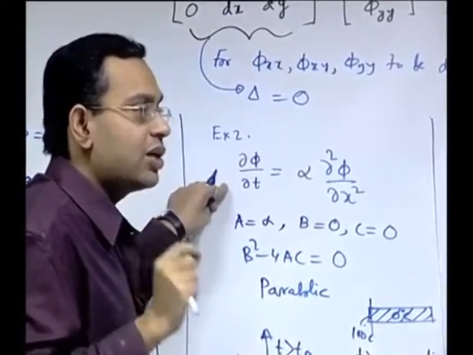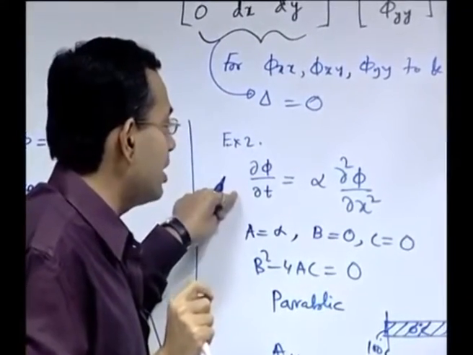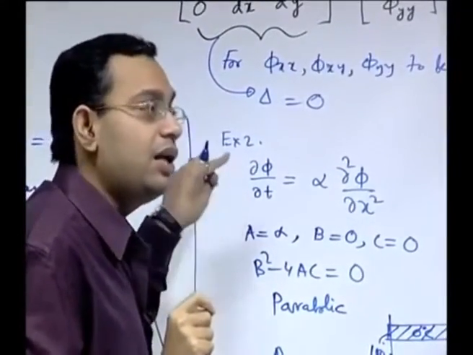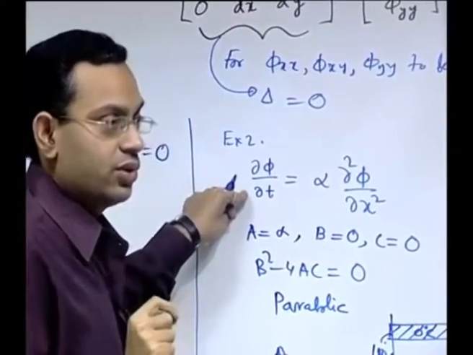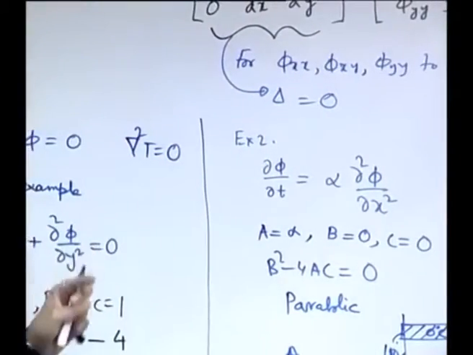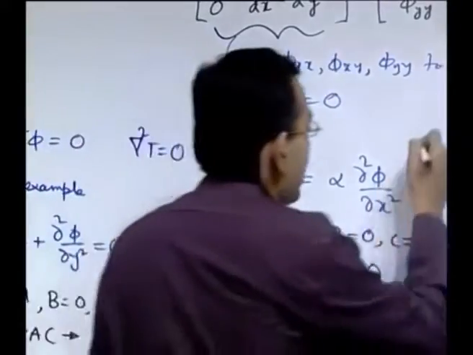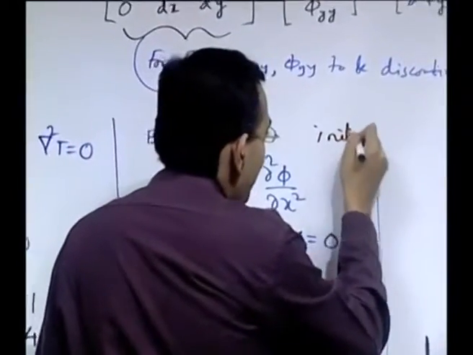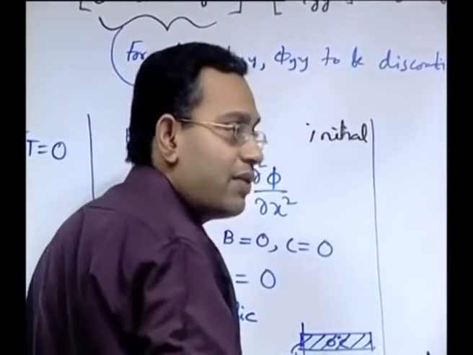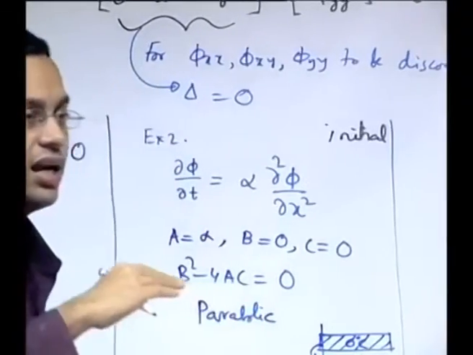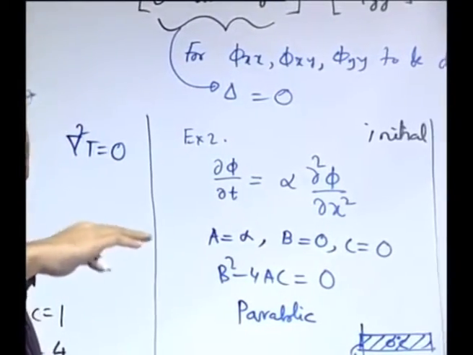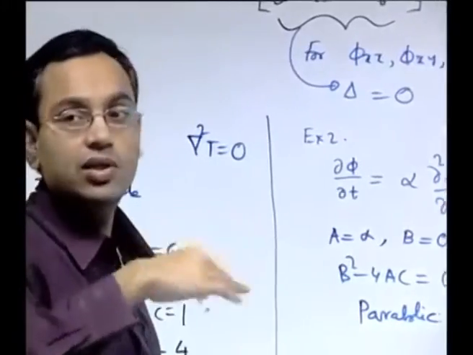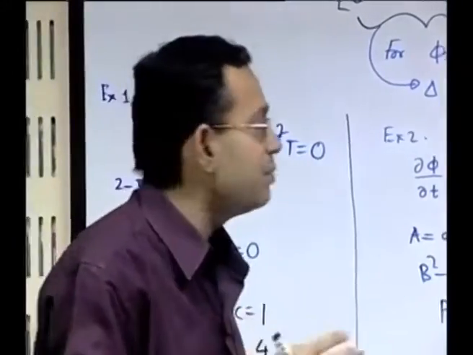A more correct way of specifying this type of equation is that it is parabolic in time and elliptic in space. It has a nature which is like an initial boundary value problem, because you have to specify the initial condition, and over and above that initial condition is the occurrence of the discontinuity because of the disturbance being imposed.